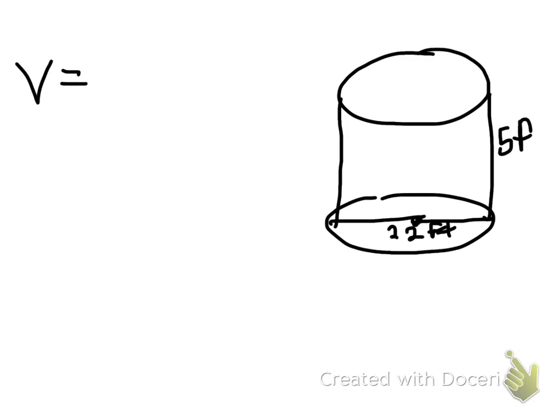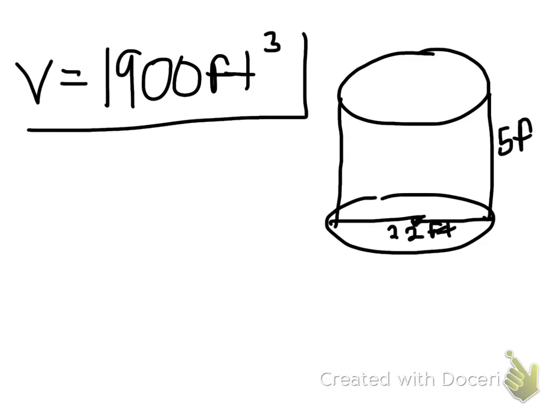Hit pause on the video and then hit play when you're ready to find the answer. Alright, so the volume of this cylinder should have been 1900 feet cubed. I'm going to go ahead and do that really quick to show you.